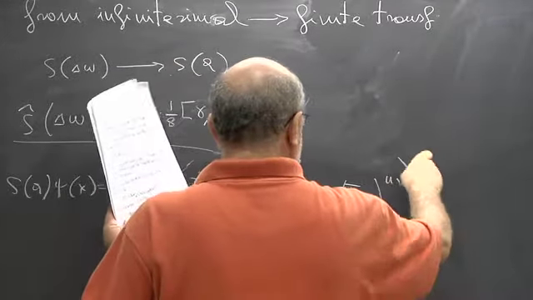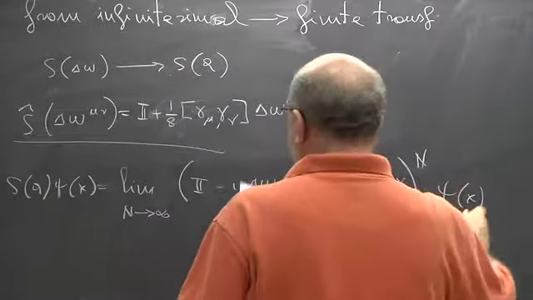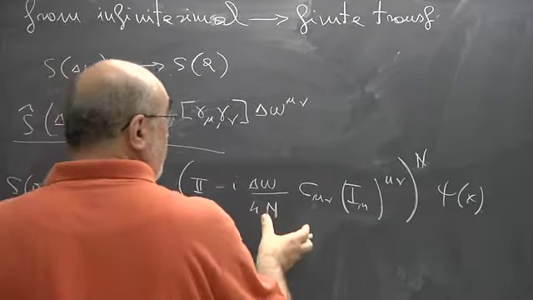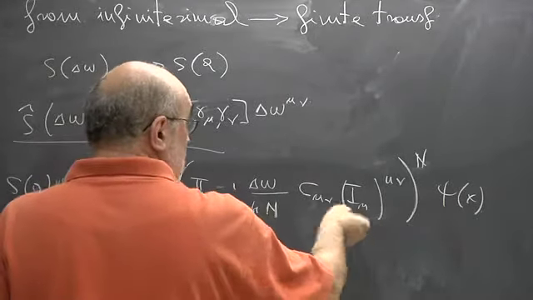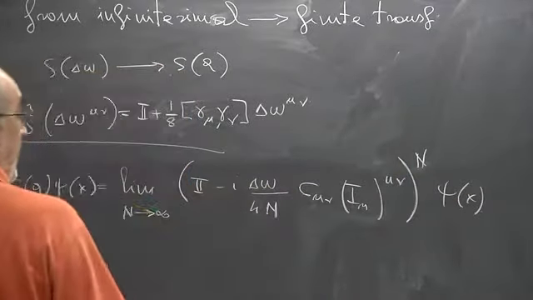I take the n-th power of this and apply it to ψ(x). Is it clear why this is a finite transformation? This is an infinitesimal one; I do it n times and I hope to get a finite one.